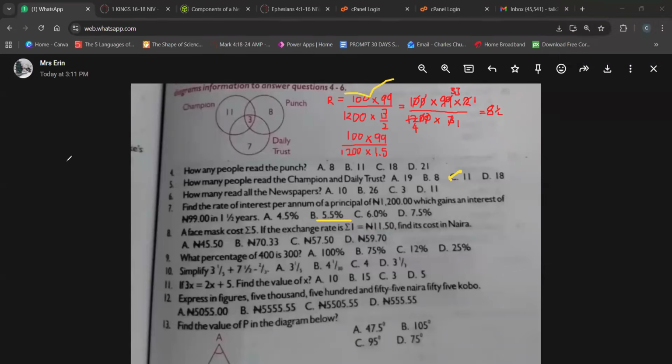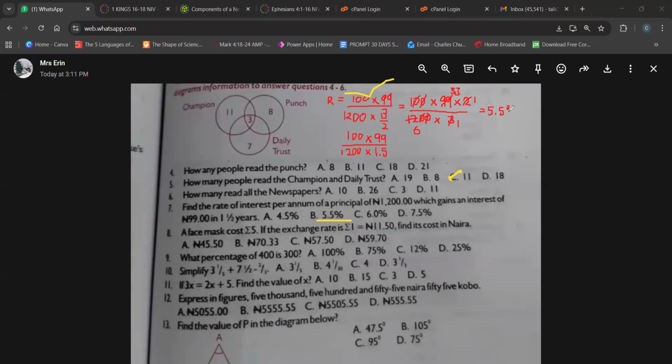I've seen where I made a mistake. 2 in 12 is 6. Okay, so 6 in 33 is 11 over 2. It's also known as 5 whole number 5 over 2, that is 5.5. Okay, you're right. I agree with you.